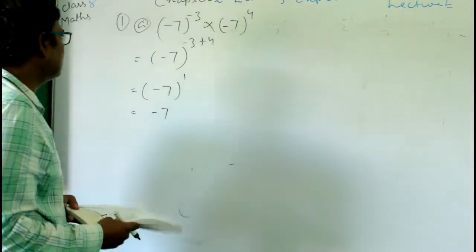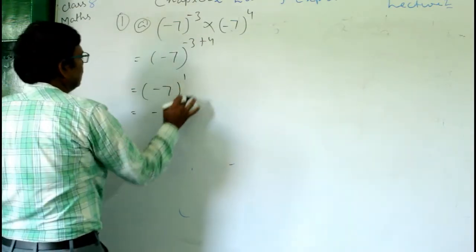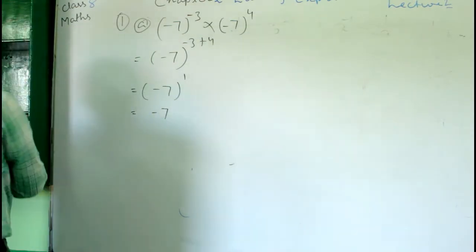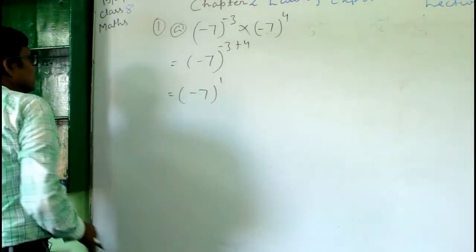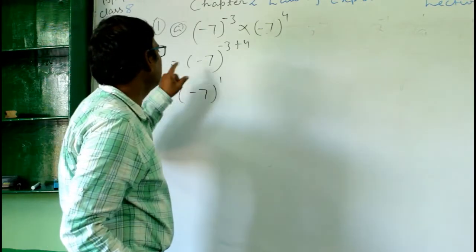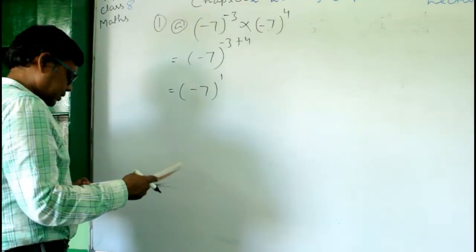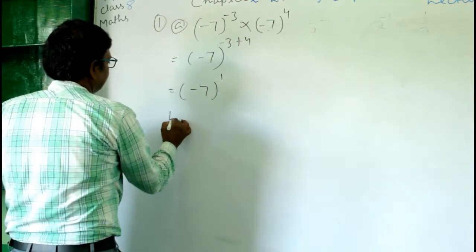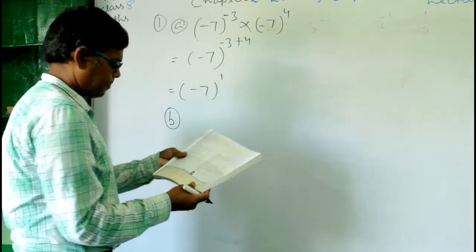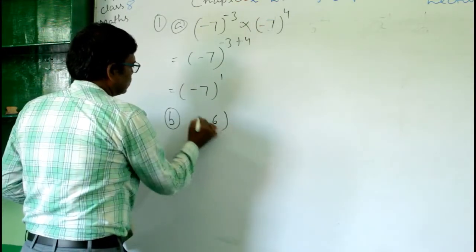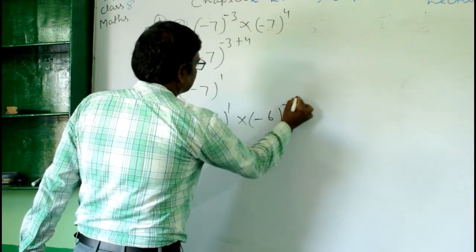And here we don't have to write this answer as minus 7, we leave it this way, because the question is to express the given expressions in exponential form. So the answer in this case is minus 7 to the power 1. Question number B: minus 6 to the power 1 into minus 6 to the power minus 6.